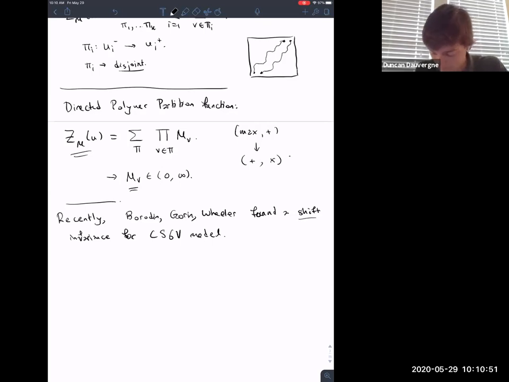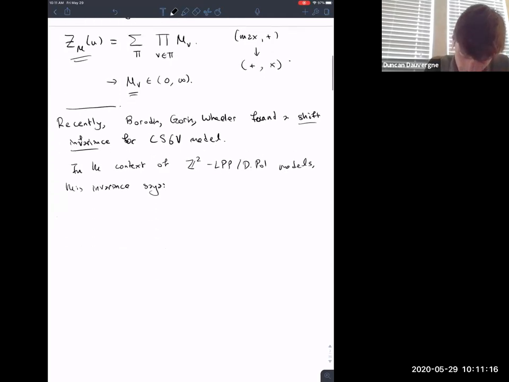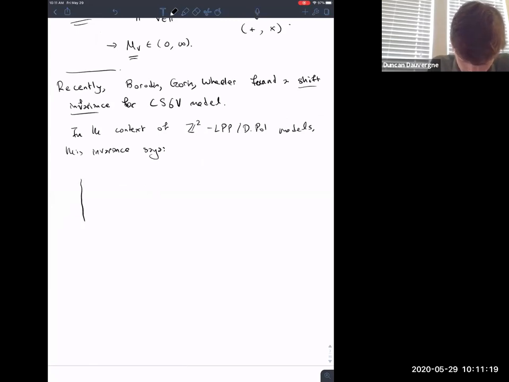So let me say what their shift in variance statement would say in the context of Z2 LPP and directed polymer models. I'm going to give this invariance in pretty much the simplest case.